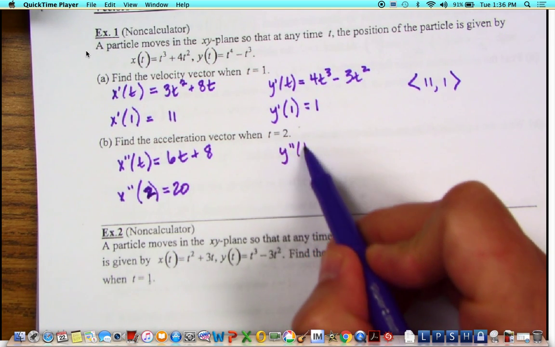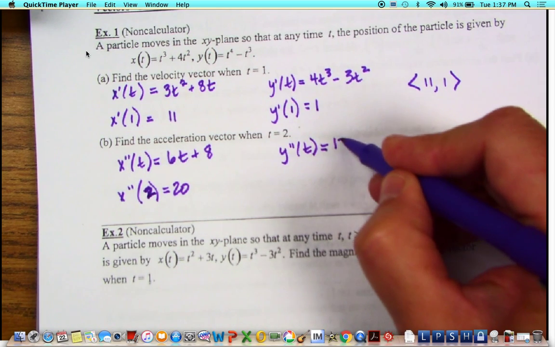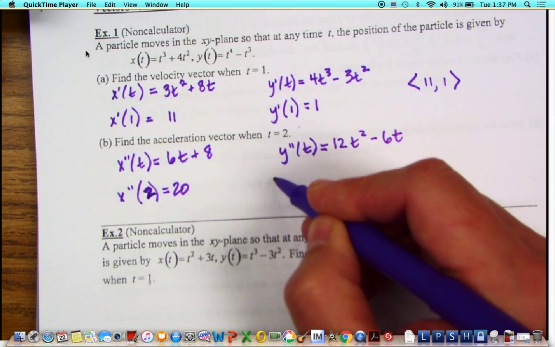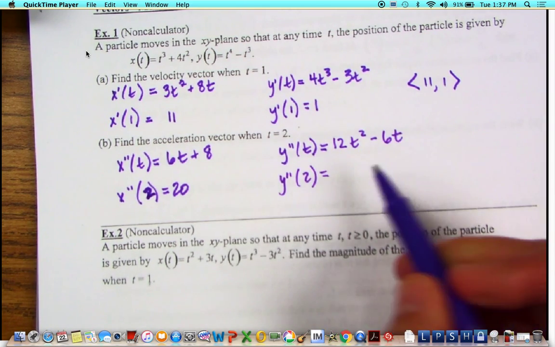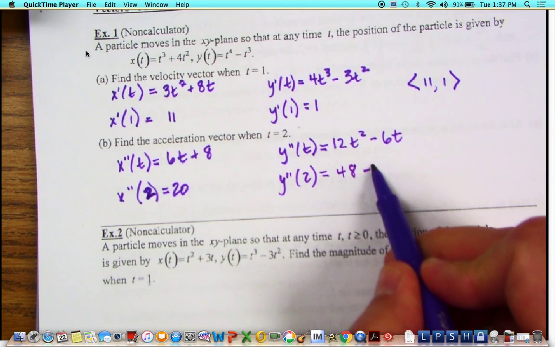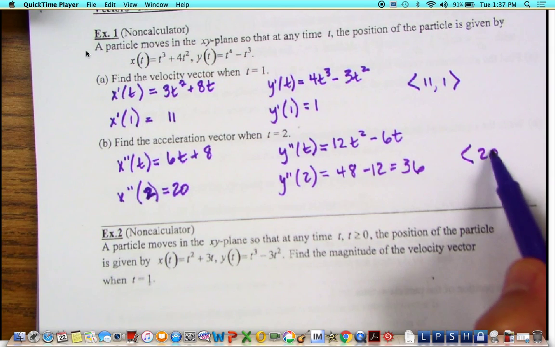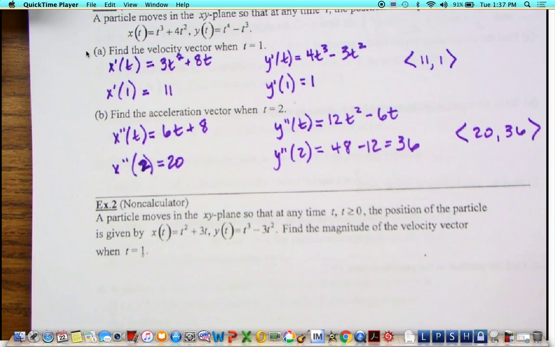And then I need y double prime of t, which is 12t squared minus 6t. And I need that at 2, which is 48 minus 12, which is 36. So your acceleration vector is (20, 36).